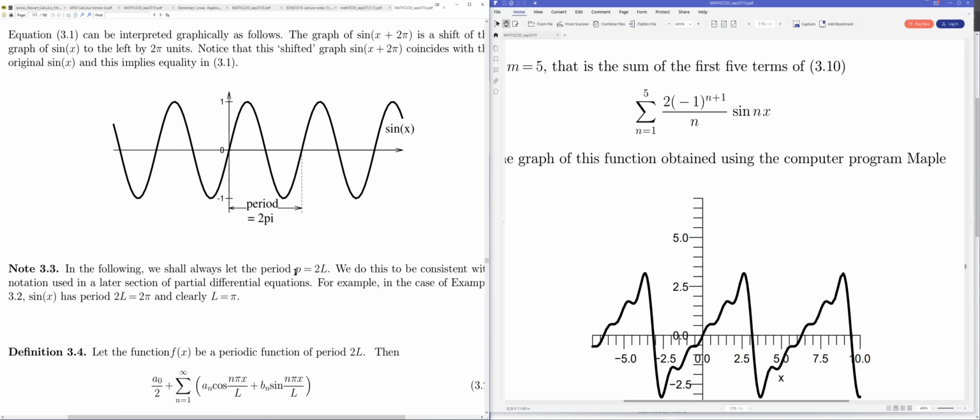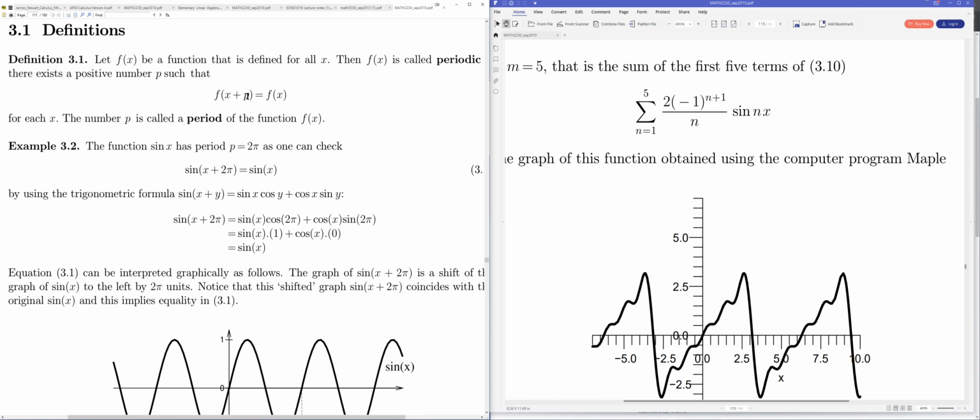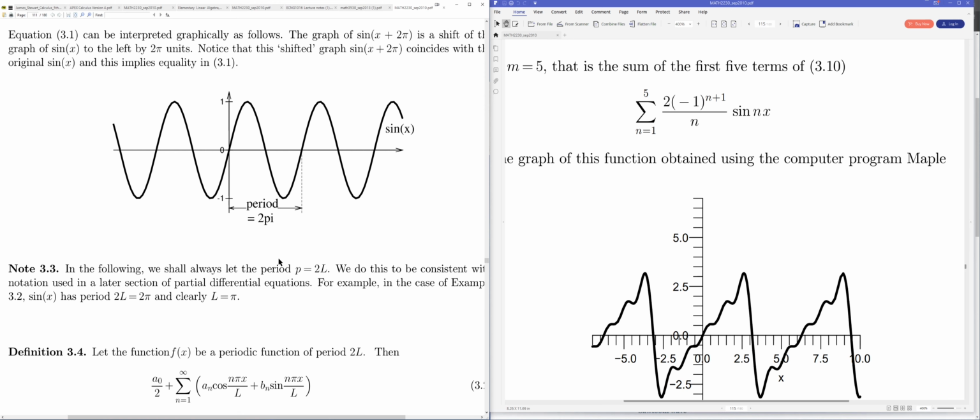Okay, a little bit of notation. While I said that the period of a periodic function we denote by small p, for the purposes of Fourier series, instead of calling it small p, we're going to call it 2L.